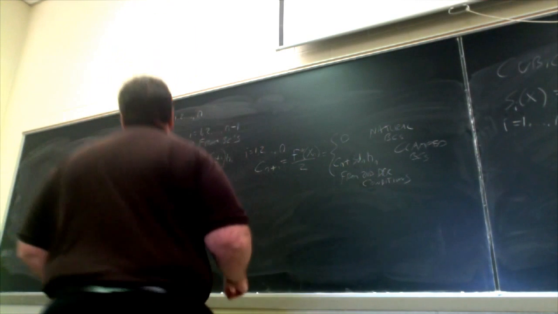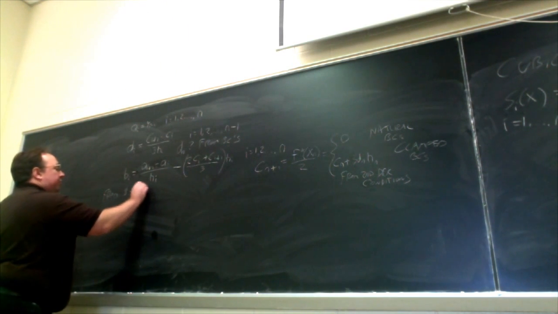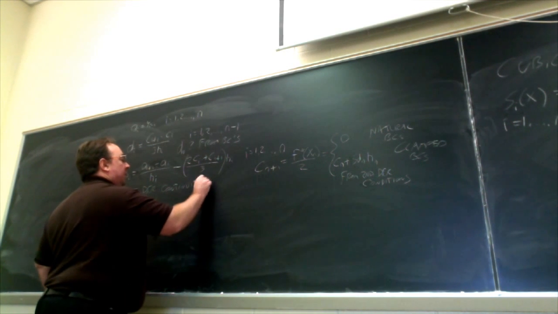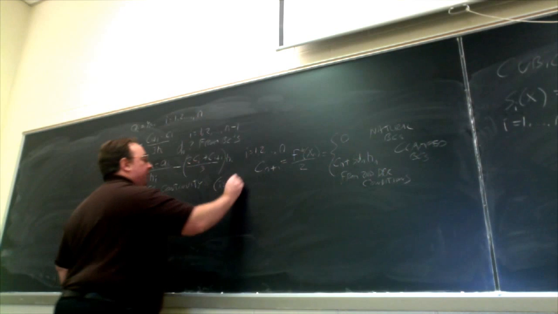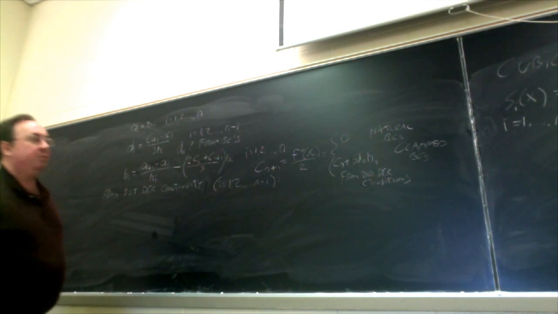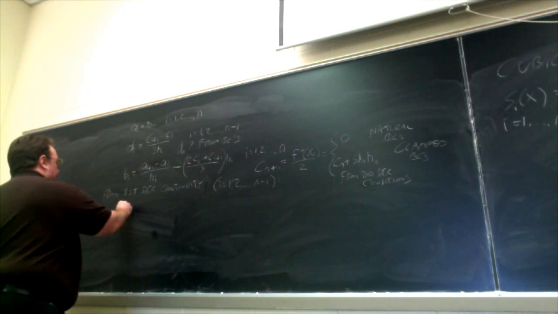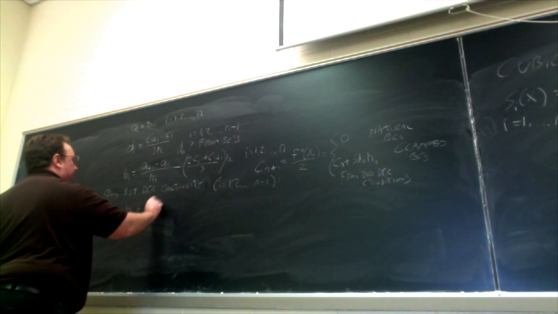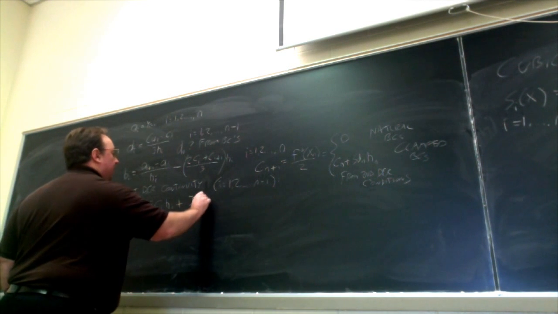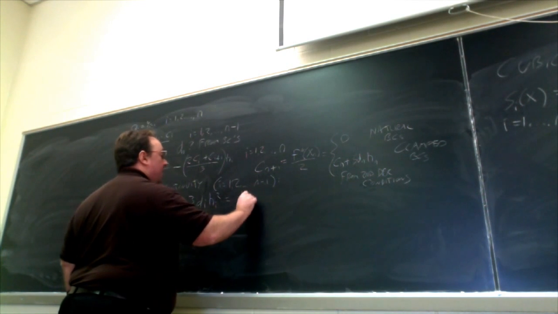So, from the first derivative, this is for i equals 1 up to n minus 1, where I have b_i plus 2c_i h_i plus 3d_i h_i squared is equal to b_{i+1}.